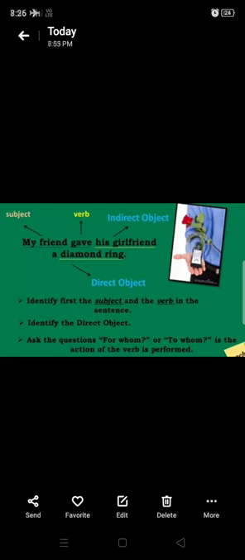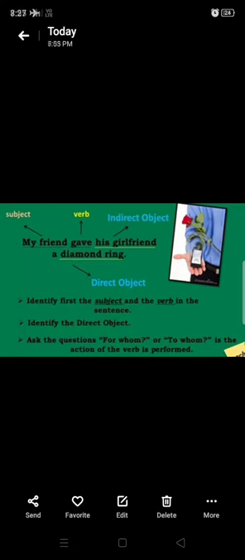So the word girlfriend is our indirect object, and it is also the one who is receiving the direct object. Who is receiving the direct object, a diamond ring? His girlfriend. So the indirect object is receiving the direct object, and the word girlfriend is the indirect object.